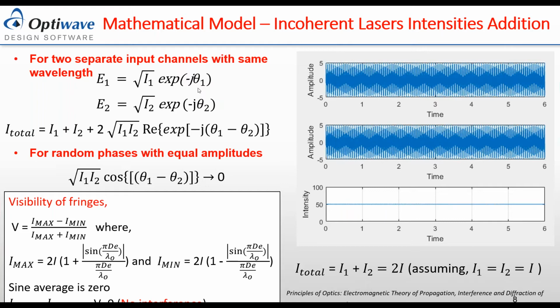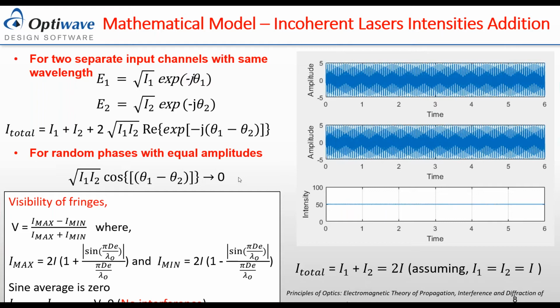The assumption is that they do, but in practice, they do not. And we will show that for them to be able to interfere, they got to be coherent, exactly the same wavelength from two different laser sources. It is very difficult to make them coherent.